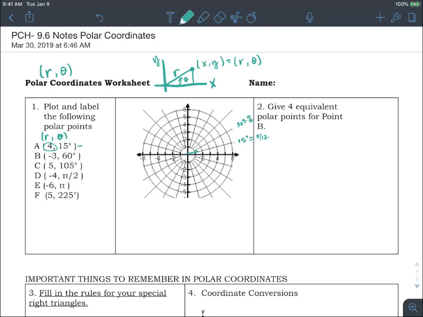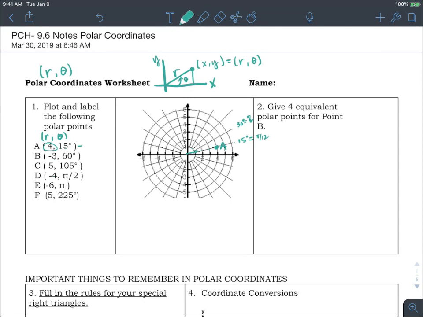Each one of these circles represents a different radius: 1, 2, 3, 4, 5, and 6. I'm at 15 degrees, I'm going to count 1, 2, 3, 4. That's my point A.